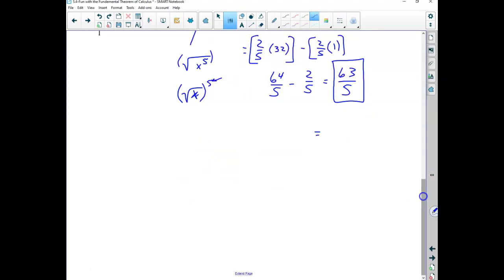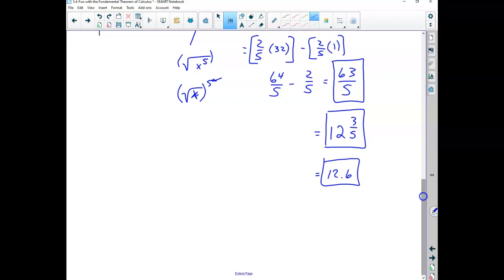If you did, what would that be? 1, 2, and 3/5. Either one of these, or decimals if you want. Doesn't really matter. Just make sure you check them in your calculator.